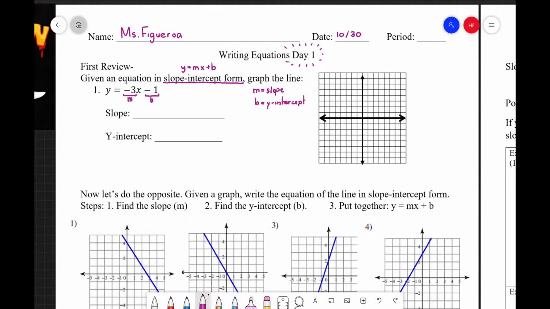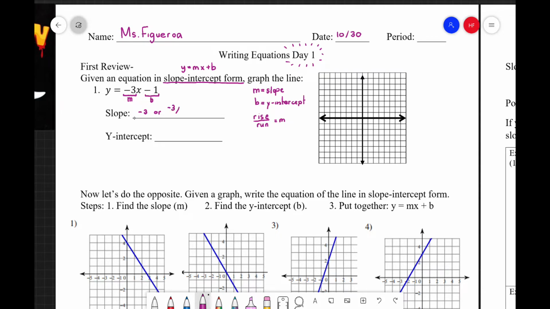So my slope is -3, but we're used to seeing our slopes as fractions because we know it is rise over run, and it's going to be a lot easier if we have it as a fraction. -3 is a whole number. Any whole number, if we want to write it as a fraction, we just put it over 1.